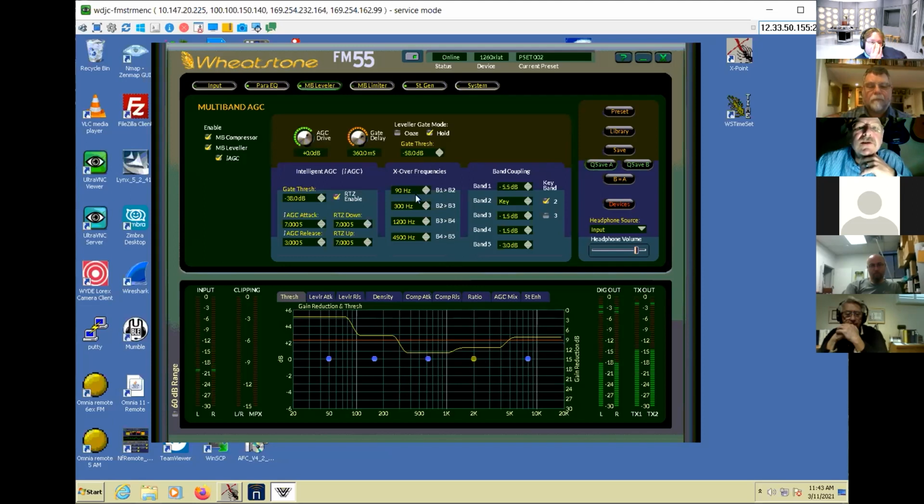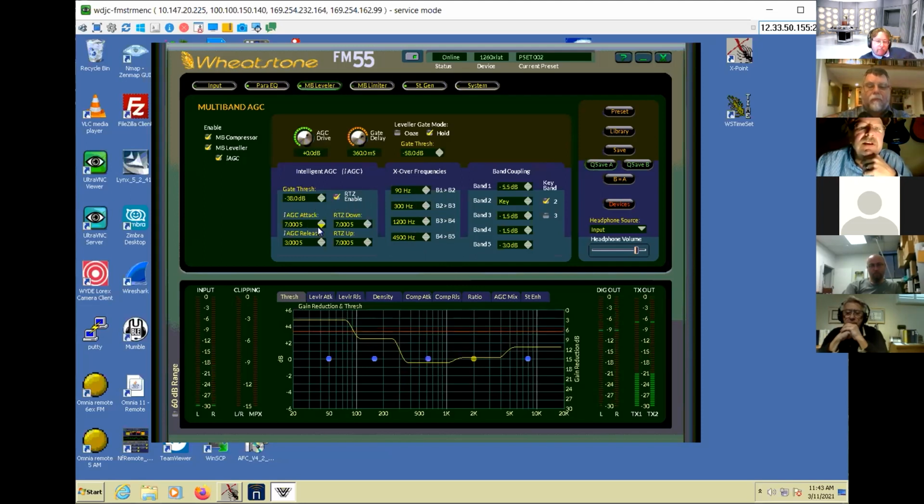Here again, these are your crossover frequencies. If you change these, be sure to save your current preset so that you can get back to what you're doing. In most cases, you're going to find a preset that's close to what you want and then make very tiny changes, a little bit at a time.